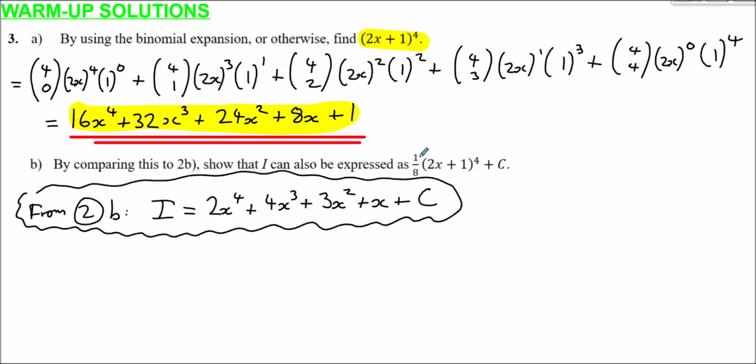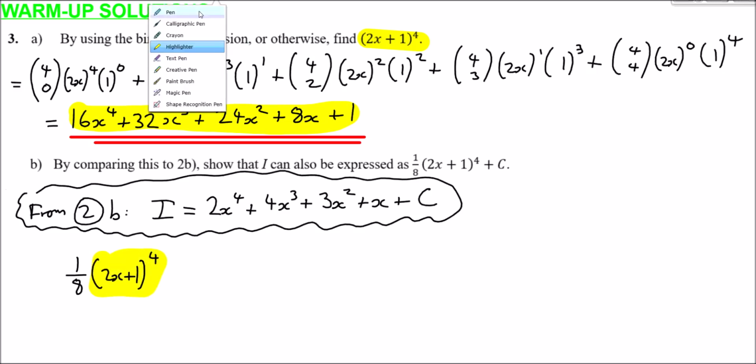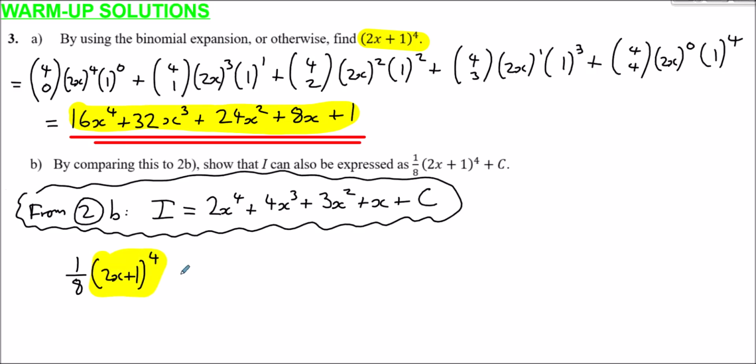So I want to show that 1/8 of this plus some constant is one and the same as what we had from 2b. If I just do 1/8 of (2x + 1)^4, I'm just going to take what's in the yellow and find 1/8 of it, basically just dividing all terms by 8.